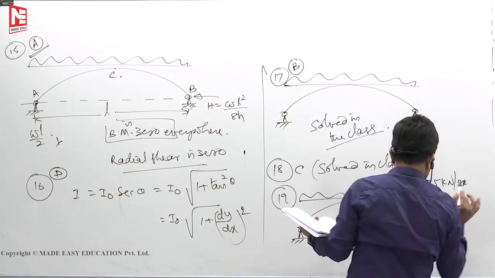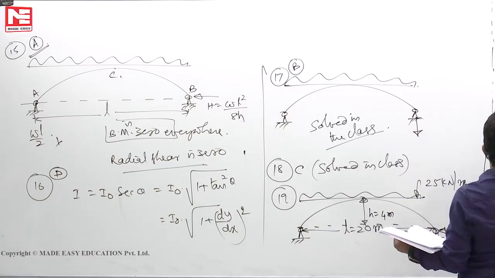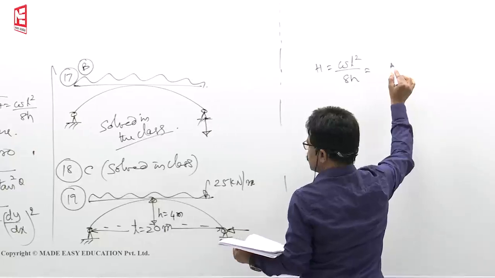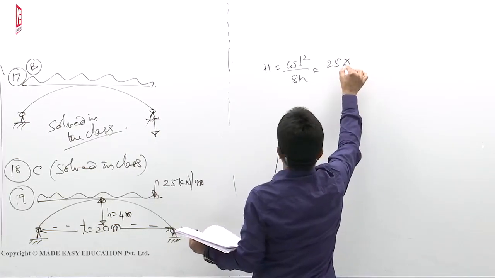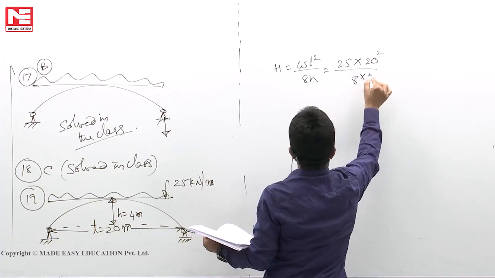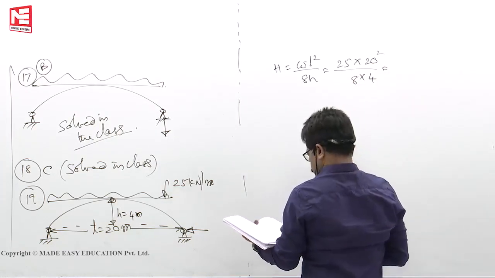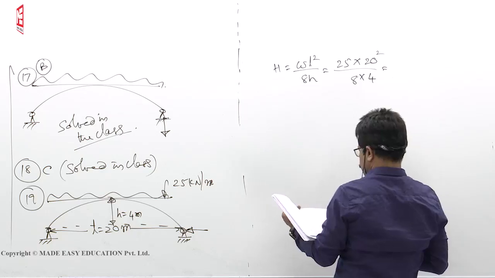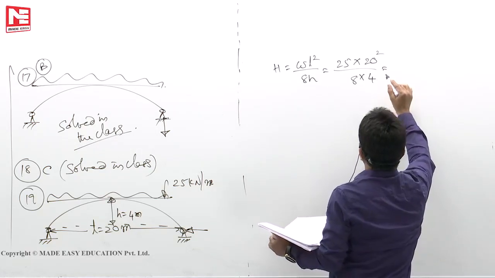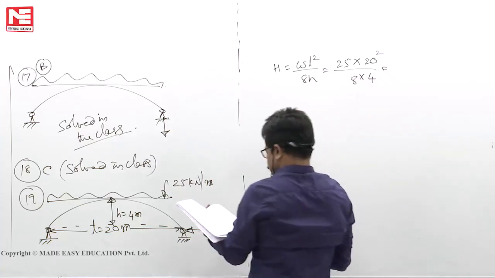So now initially horizontal thrust is H, WL square by 8H. W is 25 kilonewtons per meter, length is 20 meters, WL square by 8 into H, where H is 4 meters, the central rise. So some value you will get. We will keep it as it is.